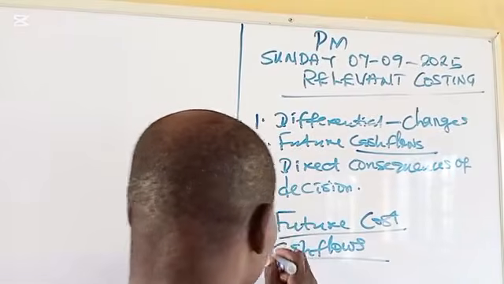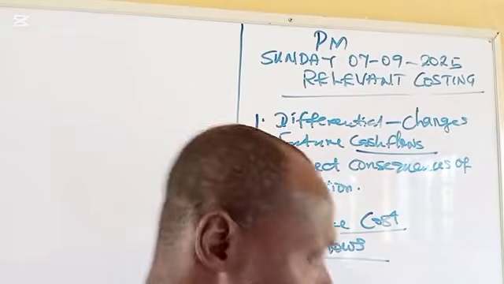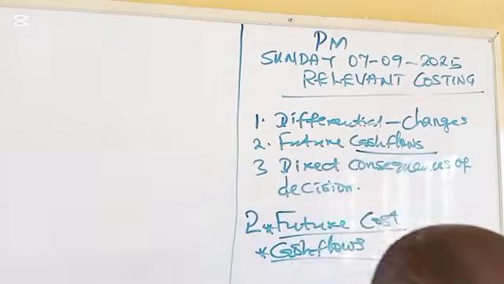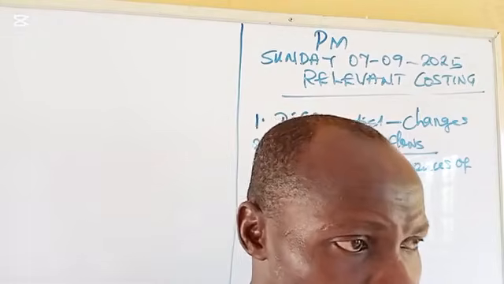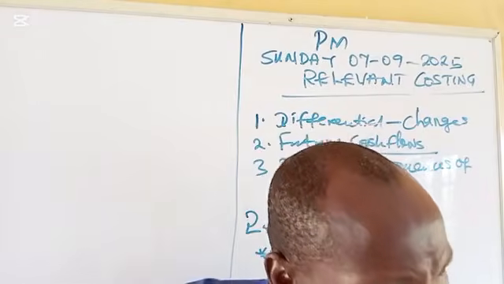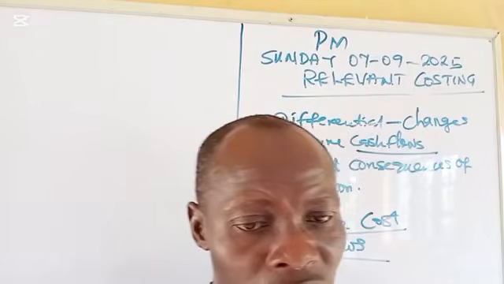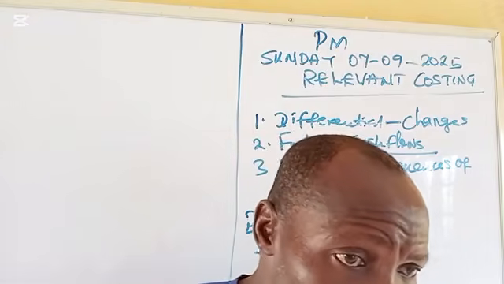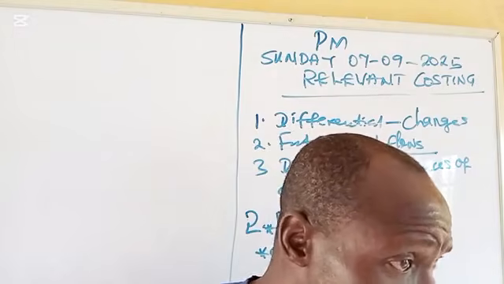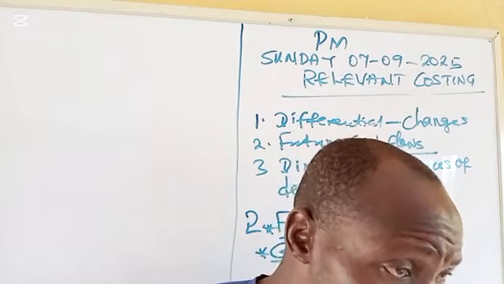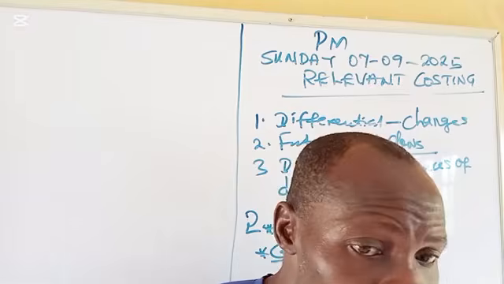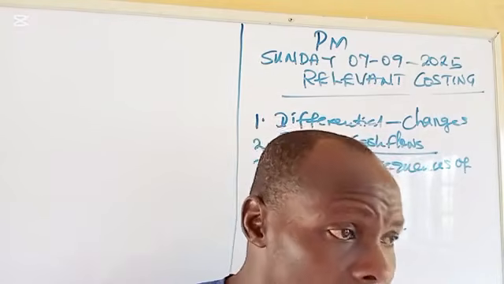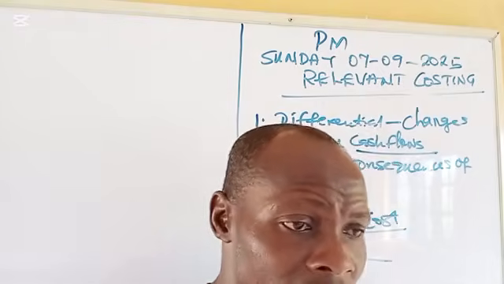It means relevant costs are cash flows. By their nature, they are cash flows. Non-cash items are not relevant. What are examples of non-cash items you used to have in accounts? Depreciation, yes. Amortization, yes. Loss from disposal of an asset.